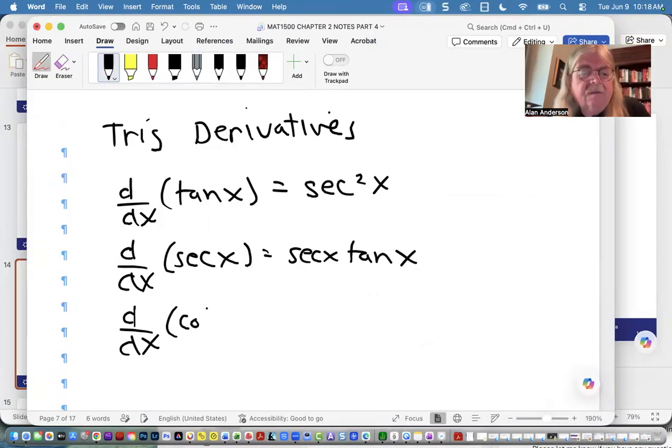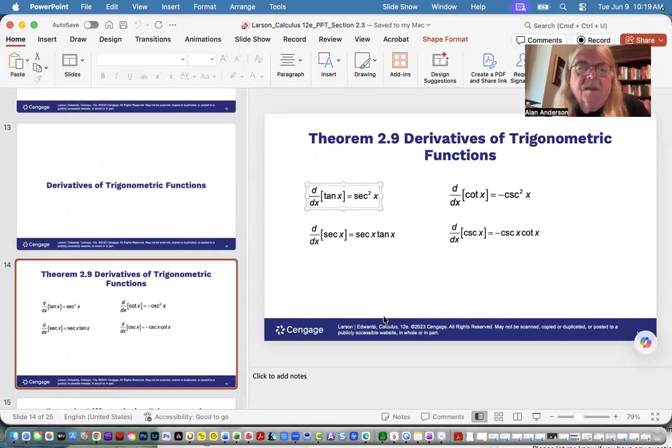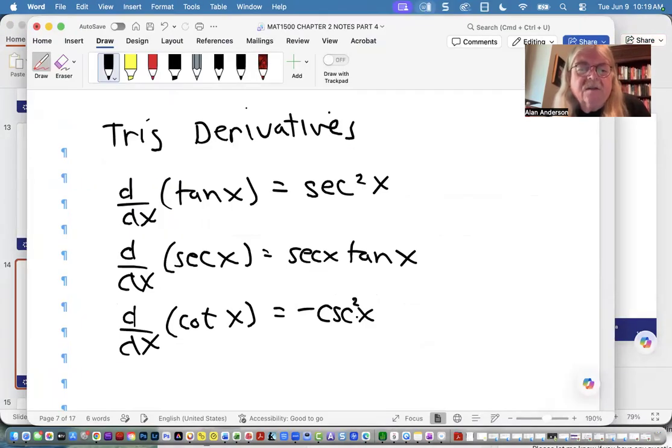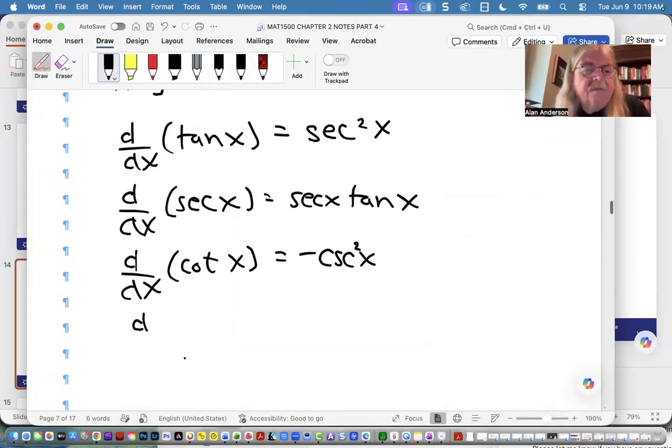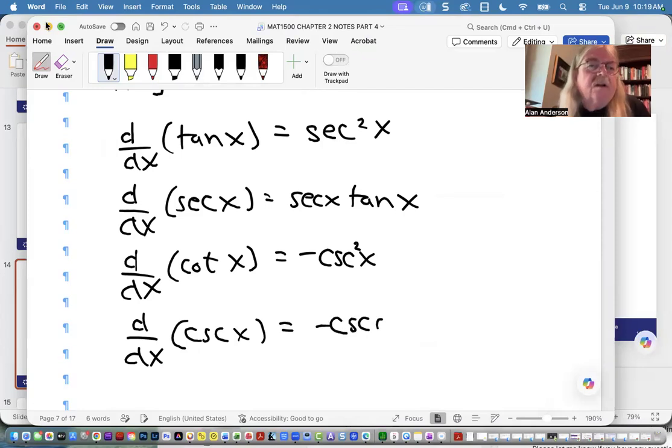Cotangent, negative cosecant squared. And then finally, the last one is cosecant, negative cosecant x cotangent x.